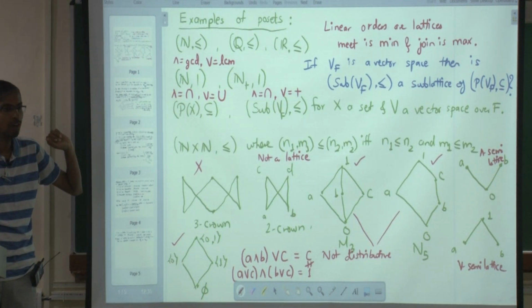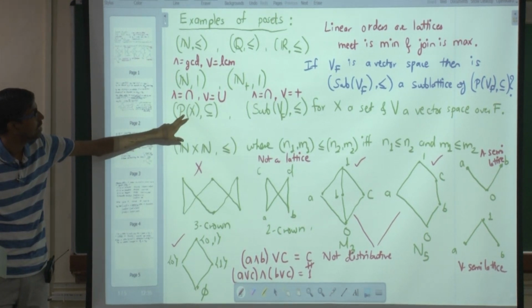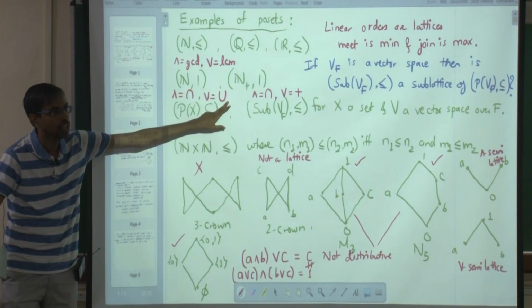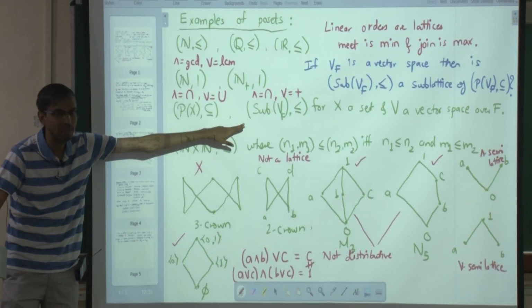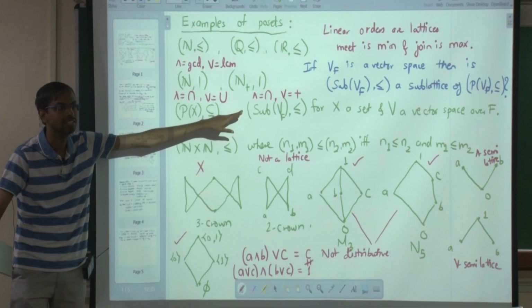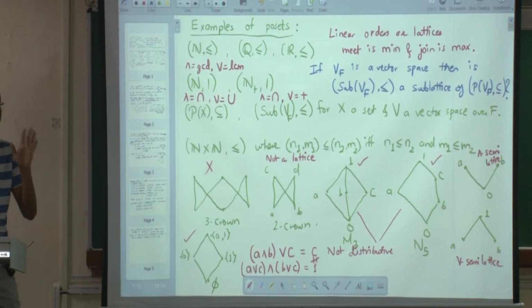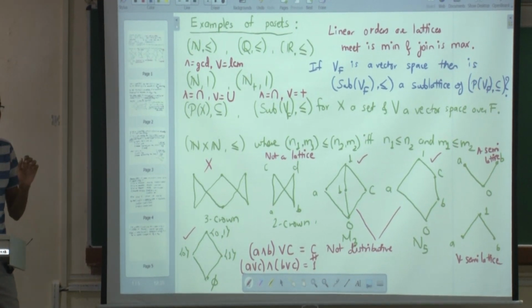No, because in the power set, the join is union, and in the subspace lattice the join is addition. So the operations are different. That's why I said be careful with the word sublattice. So the answer is no.